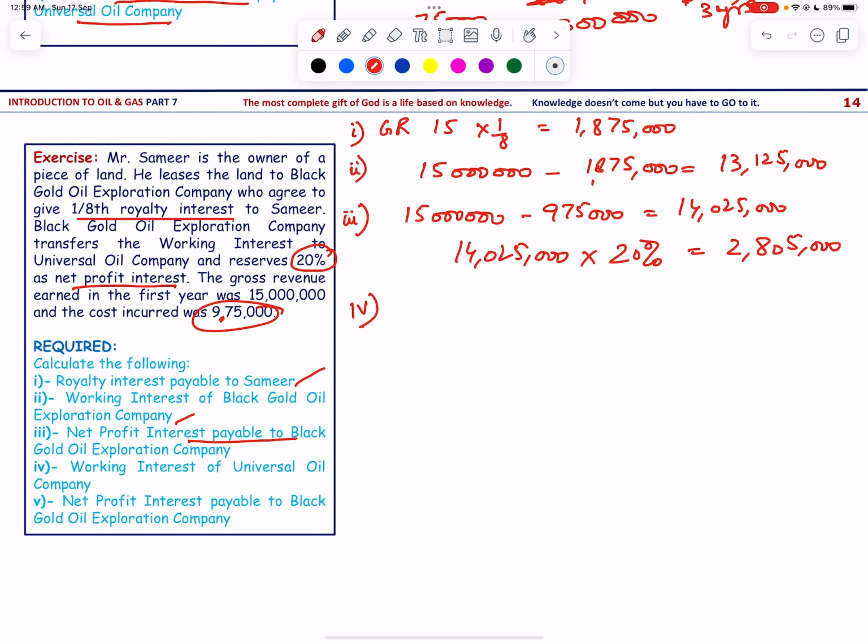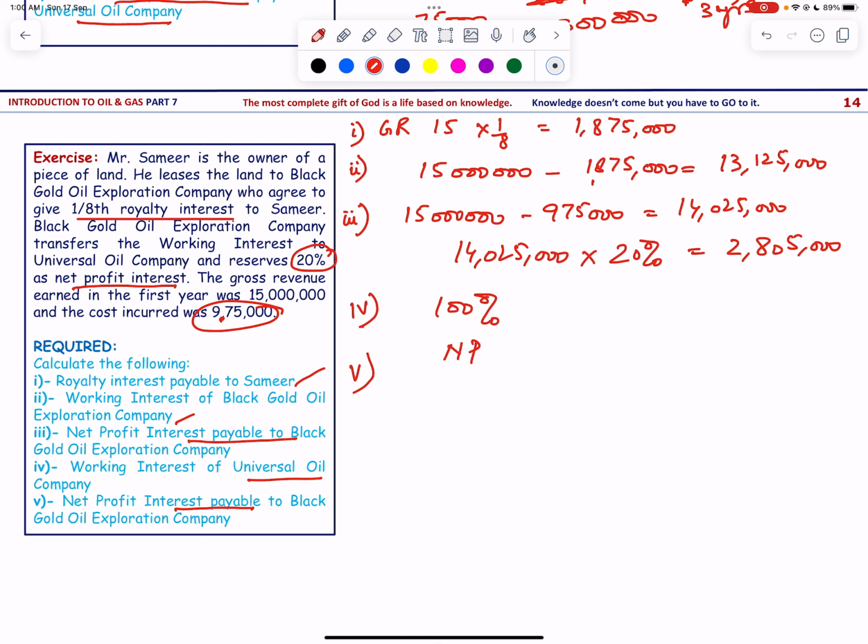We go to number 4, working interest of Universal Oil Company. So the working interest of Universal Oil Company is obviously 100%, and no one is going to share that part. And we go to number 5, the net profit interest payable to Black Gold Oil Corporation. So the net profit we have already calculated.